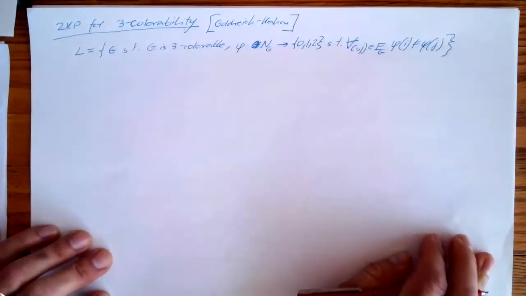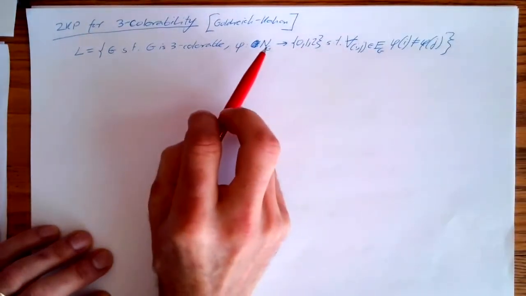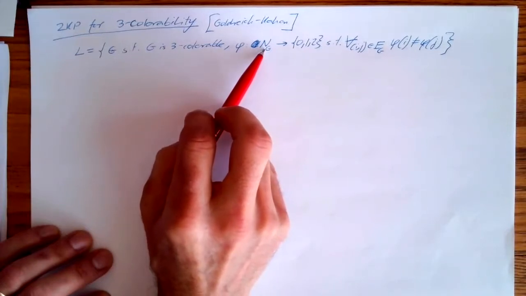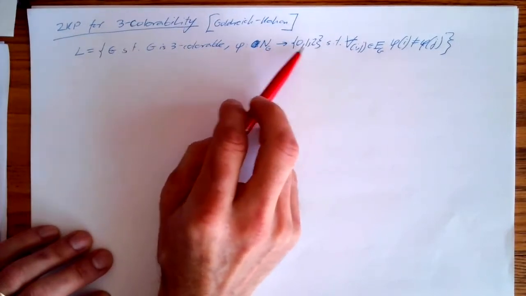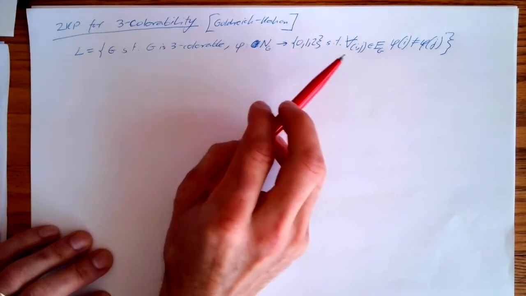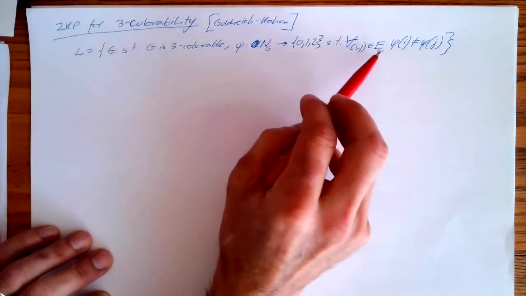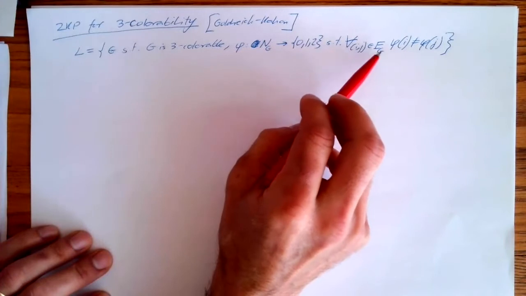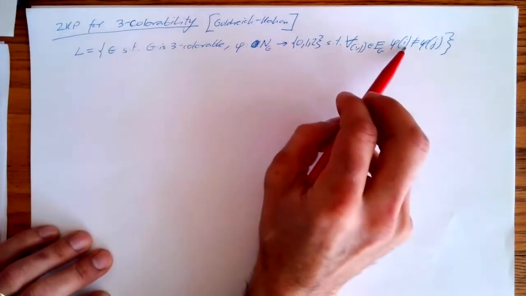So you can label all the graph nodes with three colors in such a way that every two nodes connected by an edge have a different color.